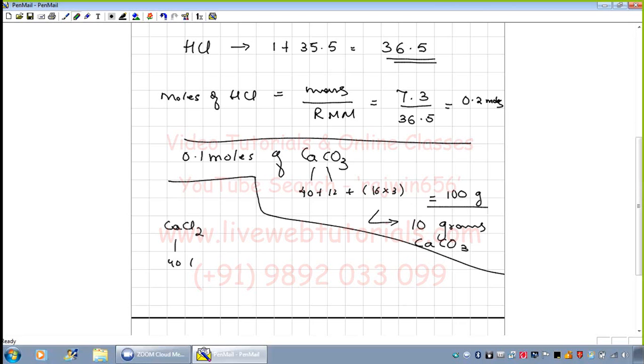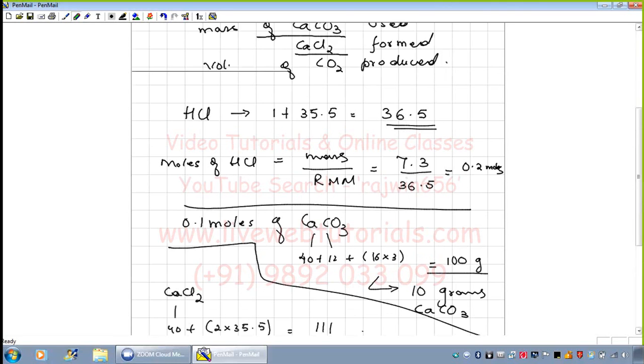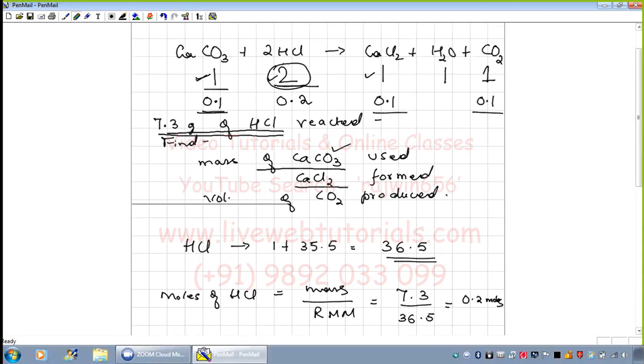So this is 40, 2 multiplied by 35.5. That's 71. So this is going to become 111. So the mass of CaCl2 produced, it's 0.1 mole, so it is going to become 11.1. We have already calculated the volume of carbon dioxide, which was 0.1 mole, so it is going to become 2.4.